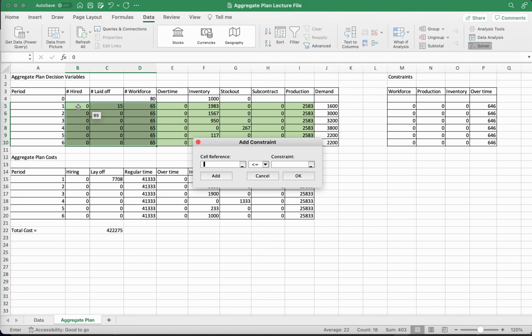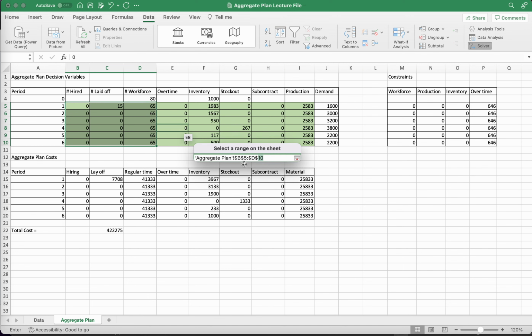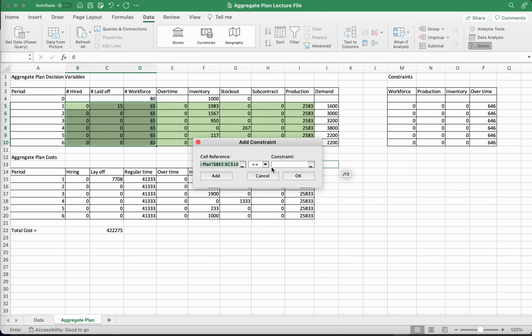In fact, you don't need the workforce piece. It's just the number of people you hire and the number of people you lay off. These two sets of decision variables have to be integers. So you're going to int.